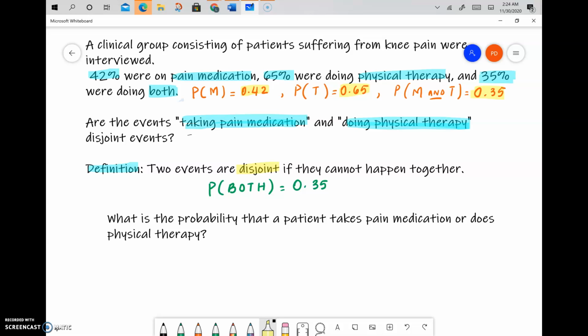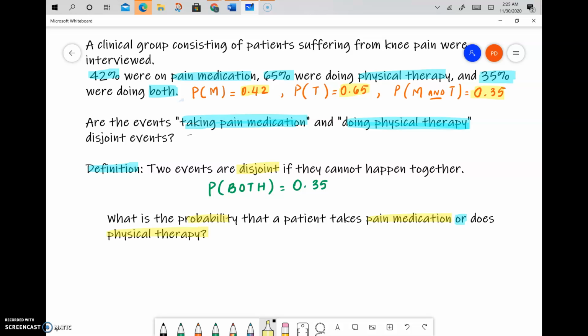Now, that's the information that we need in order to answer the next question, which is, what is the probability that a patient takes pain medication or does physical therapy? So the word "or" here is important.